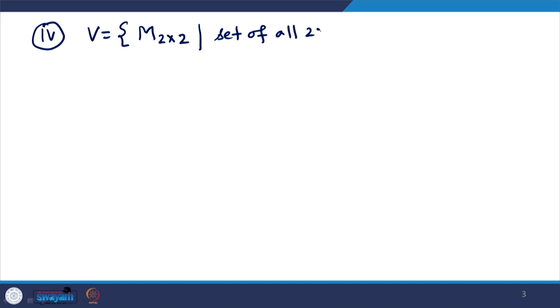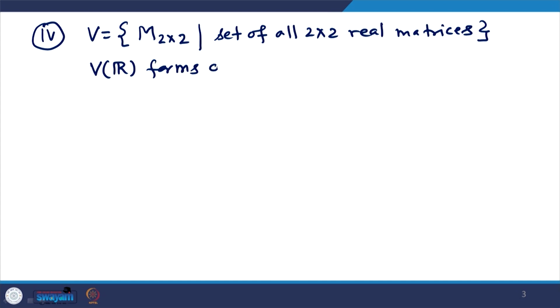If we take a vector space like this, the set of 2 by 2 matrices having real entries, certainly this V over the field of real numbers forms a vector space. We have seen it in previous lectures.